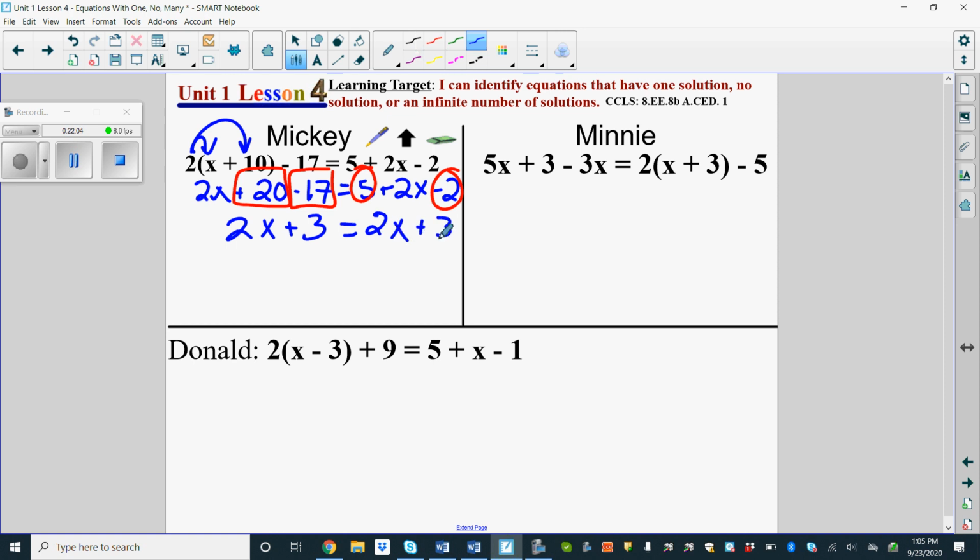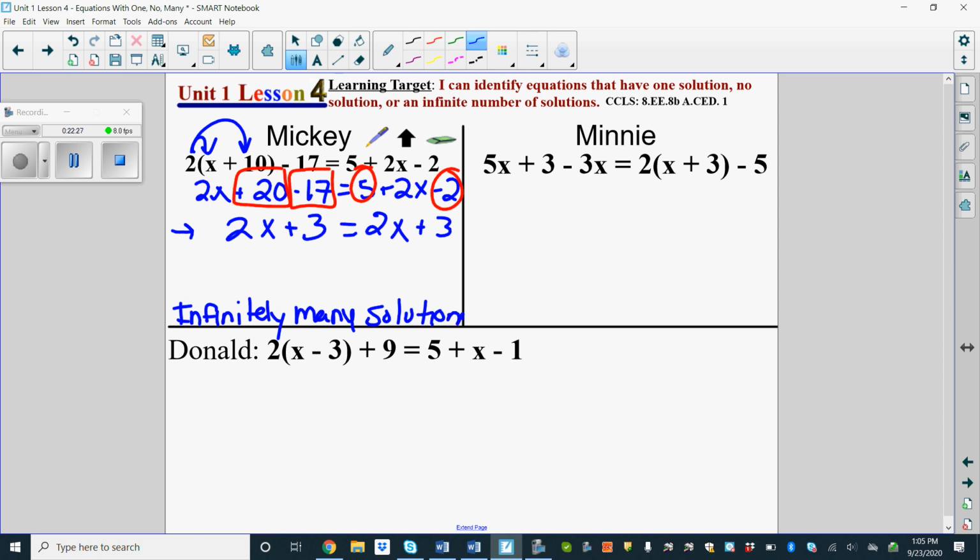So looking at this, we have 2x plus 3 equals 2x plus 3. They just want you to identify the solution. So therefore, if you can see it from this step, you can stop and say infinitely many solutions. But if you can't, that's fine.